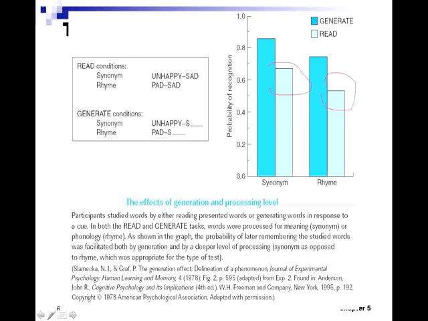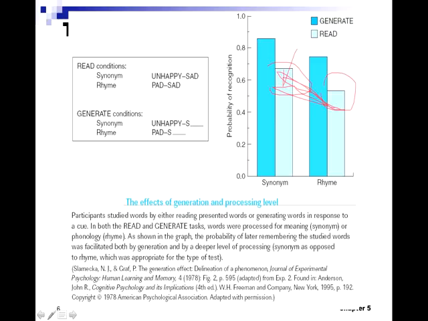So the difference between synonym and rhyme here is actually levels of processing, right? Because I'm better at things that are deeper levels of processing than rhyming. Okay. And then in the generate condition, they gave people the first letter, and look how much better they are, even though they pretty much told you what word they wanted you to pick. So unhappy, sad. And then in the rhyme condition, you were told you had to rhyme it. So pad, sad. They made them the same pairs.